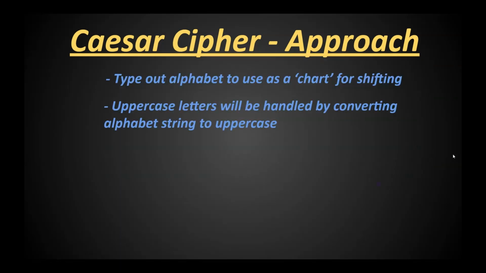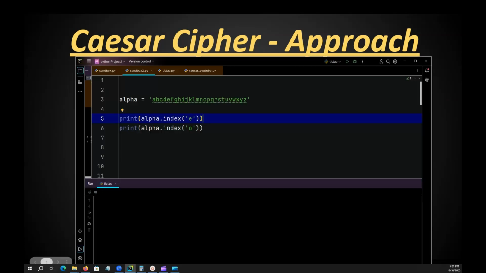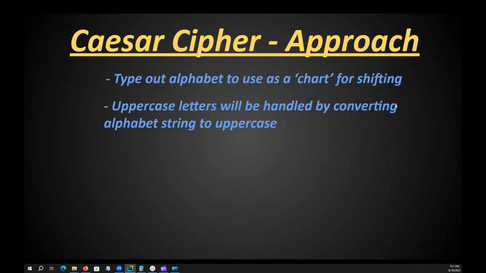The uppercase letters are going to be handled by converting that alphabet string to uppercase. You saw the alphabet string, and I'll show it again. It's in lowercase. So when I encounter uppercase letters, of course, you can't look up an uppercase letter in that string if it's not there. So I'm going to convert that string to uppercase and then do my thing via the Python upper function.